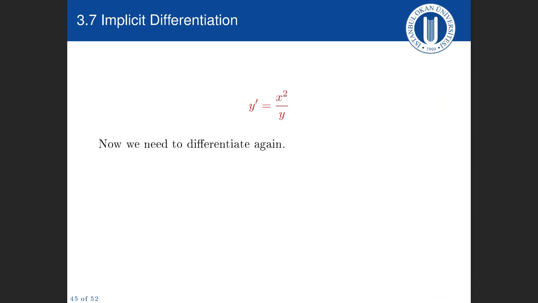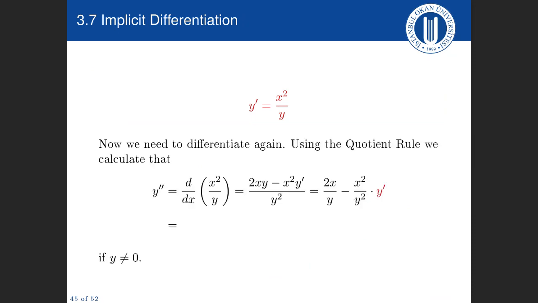And then I want to use the quotient rule to get the second derivative. So we can get to (2x y minus x squared y prime) divided by y squared, which simplifies a little bit to 2x over y minus x squared over y squared multiplied by y prime.